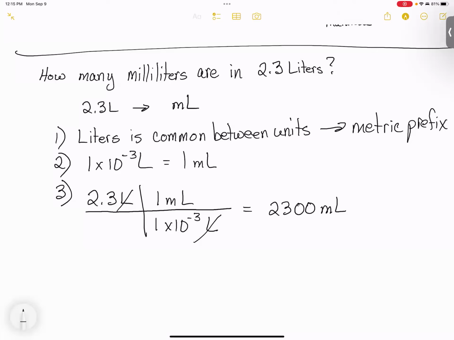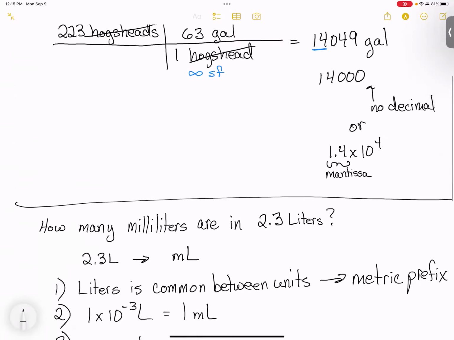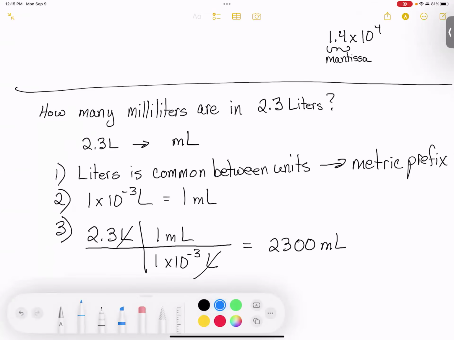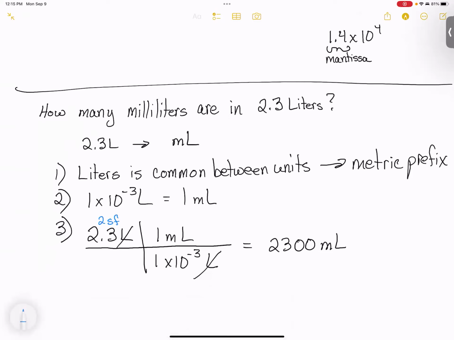Step four is significant digits. I have two significant figures. And this is where you have to remember that metric prefix conversion factors are exact quantities, meaning both of these have unlimited numbers of significant digits.